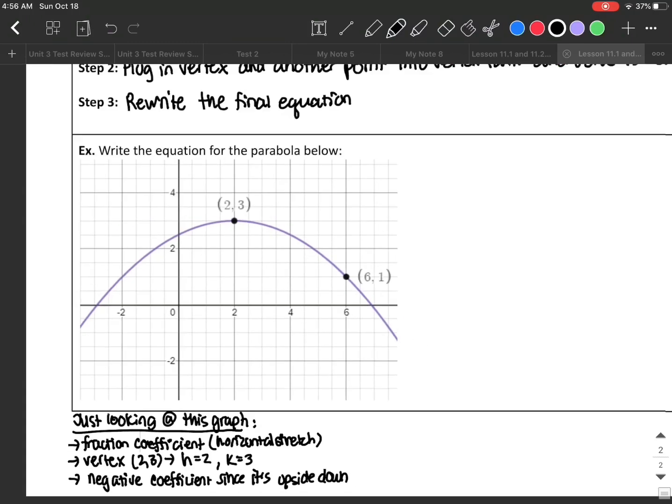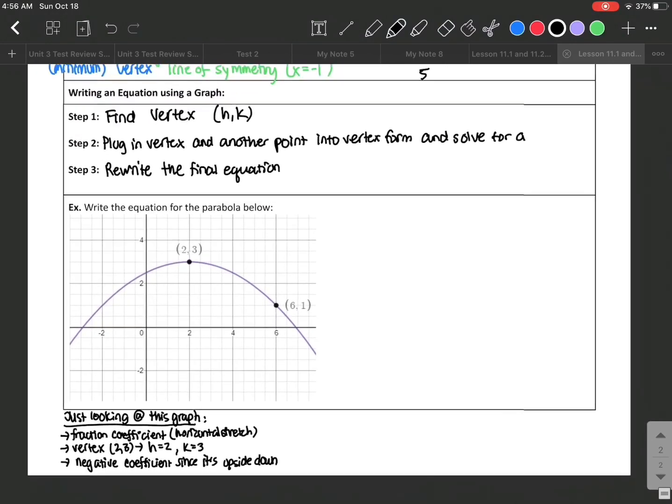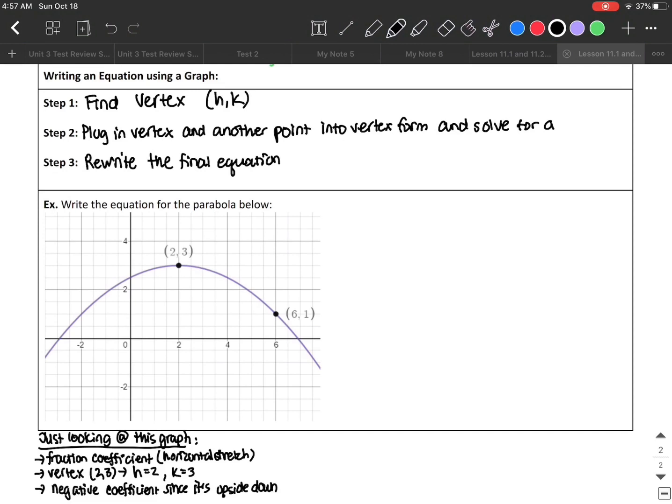Okay. All right, so what I'm going to start with is that vertex form. I took care of the first step. I found the vertex, so I know h is 2 and k is 3. I'm going to start with my vertex form, which is y equals a times x minus h squared plus k.